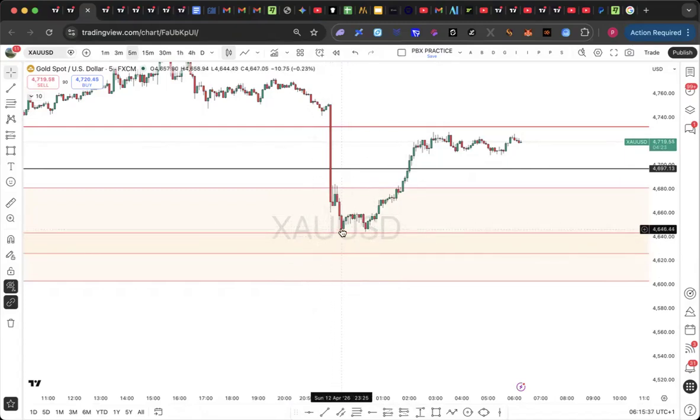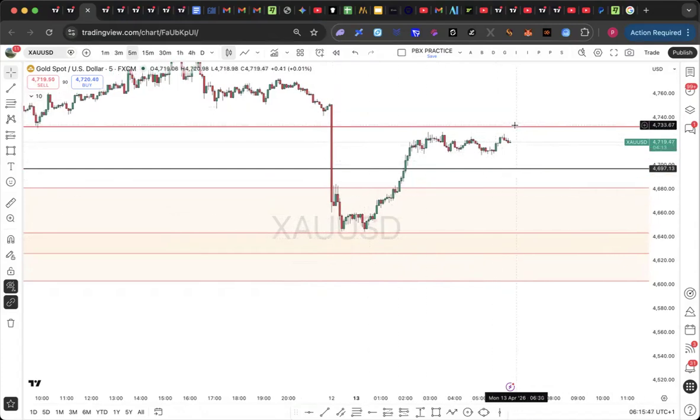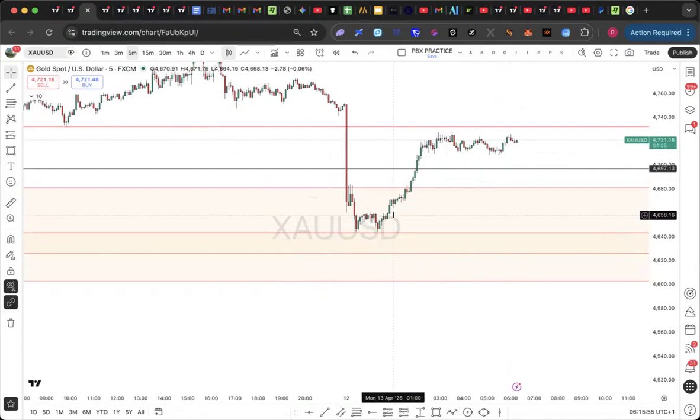So this is a double bottom. Now, this is another dangerous thing: the market can come back, return again, and sweep the two, then return.